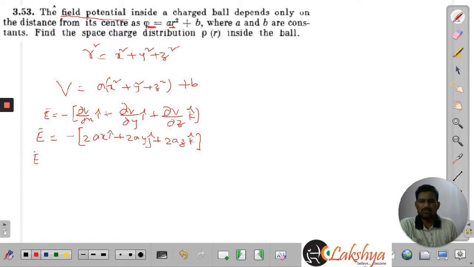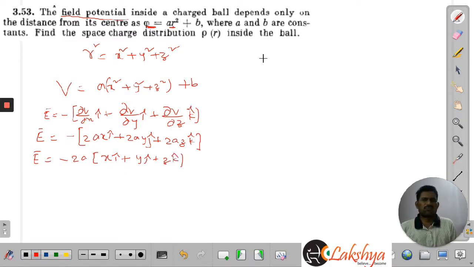Or otherwise I can express this field by taking 2a common here. Then this can be expressed as xi cap plus yj cap plus zk cap, right?